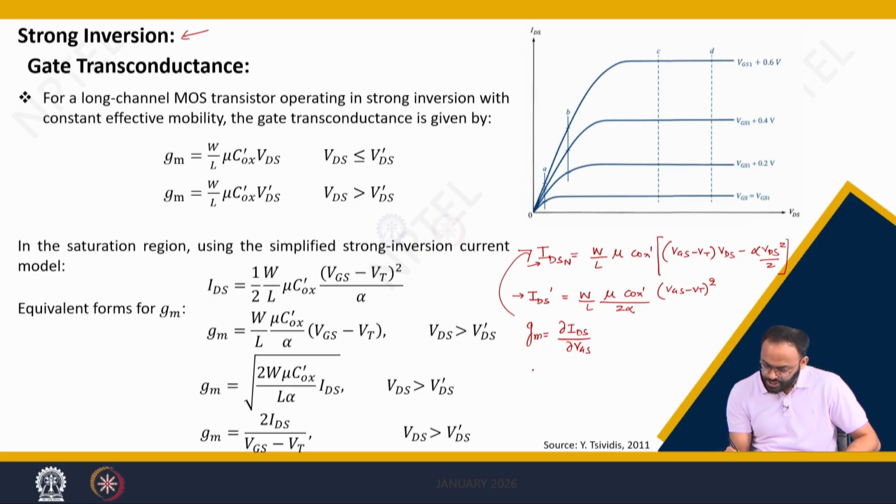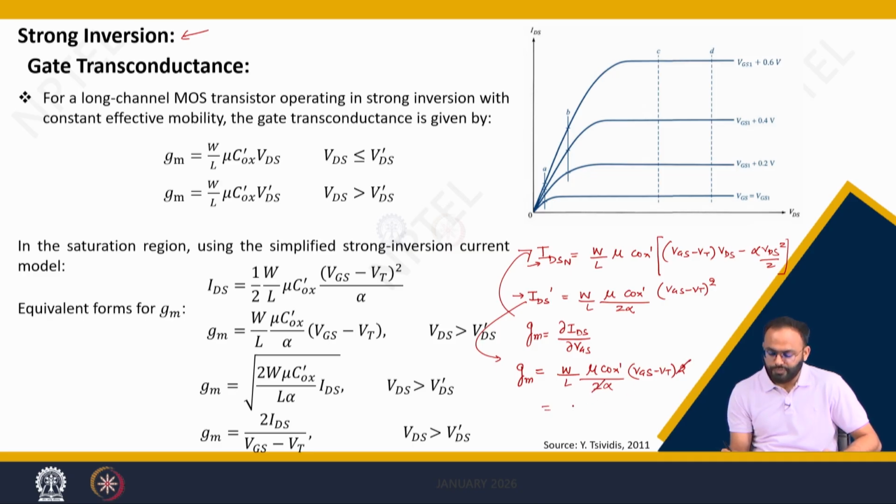If we differentiate, let us consider the saturation region of operation first. GM can be defined as W divided by L, mu into COX dash divided by 2 into alpha, into VGS minus VT into 2, where this 2 and 2 get cancelled.